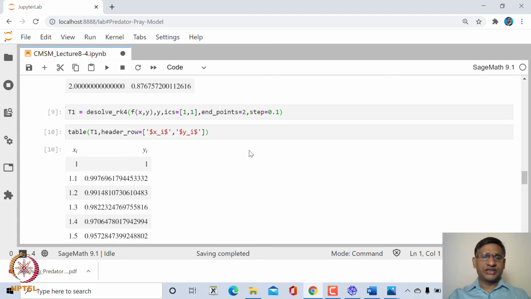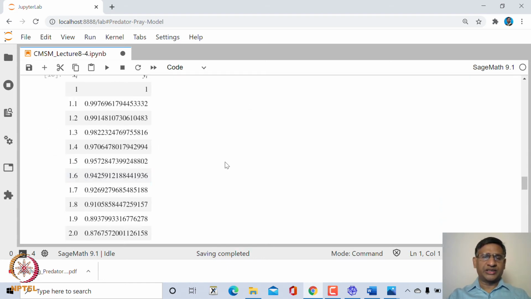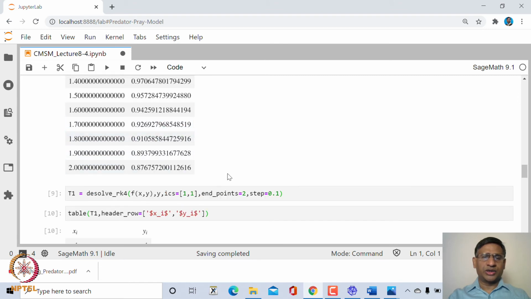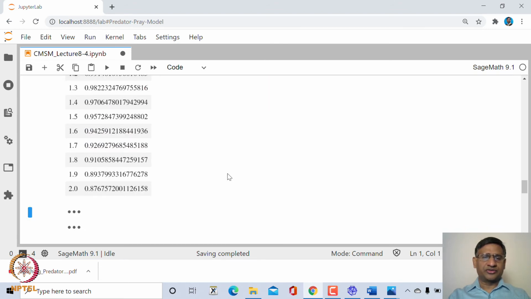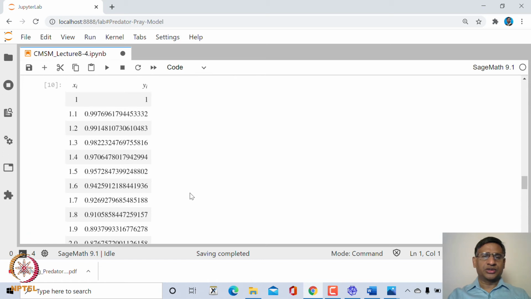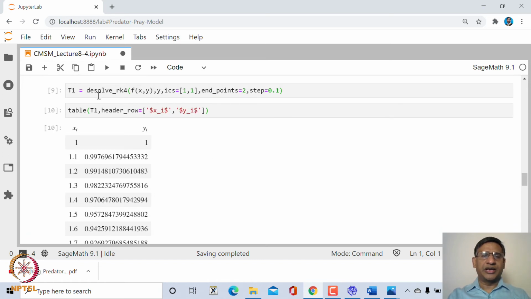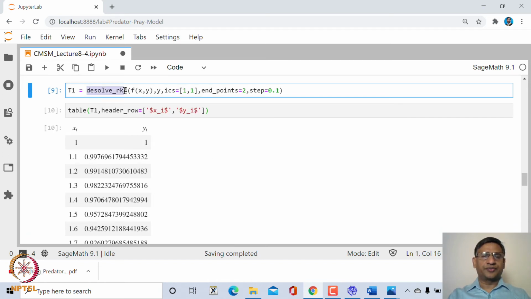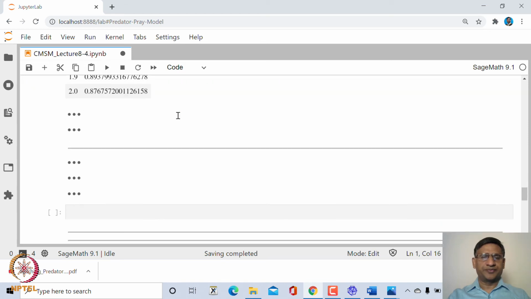So when we tabulate this value and compare this with what we have obtained using our own user defined function, it is pretty similar, right. So this is how you can make use of the inbuilt function to solve using the RK4 method, right.